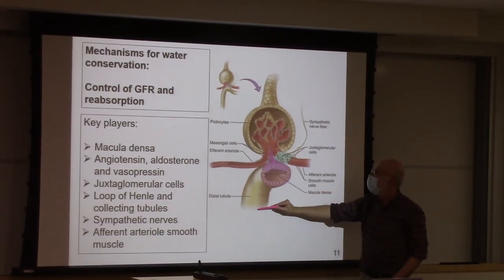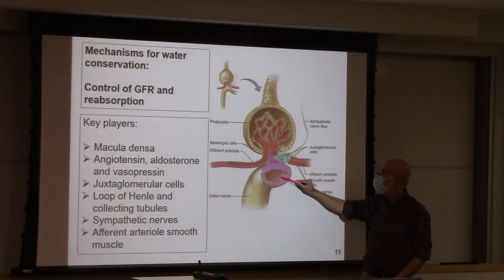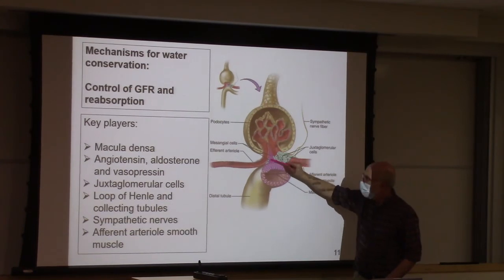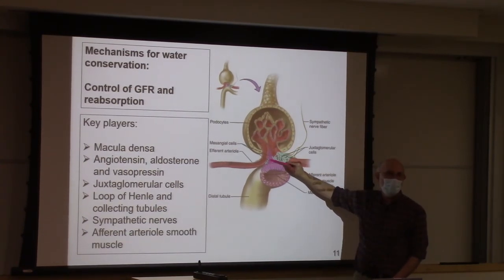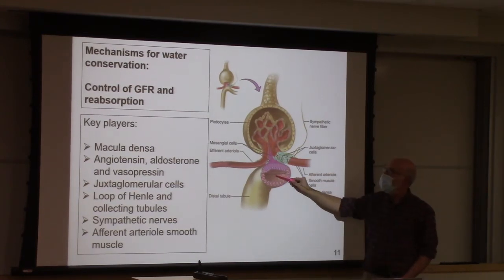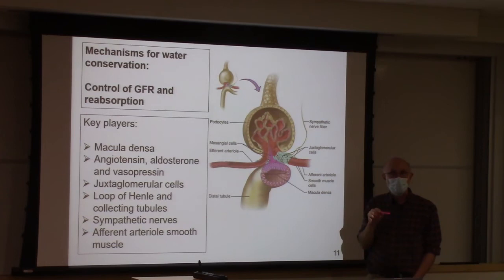Remember that fluid in the distal tubule tells the macula densa to tell the juxtaglomerular cells to release renin when this fluid flow is low. So that was getting back to Sarah's question a few minutes ago.